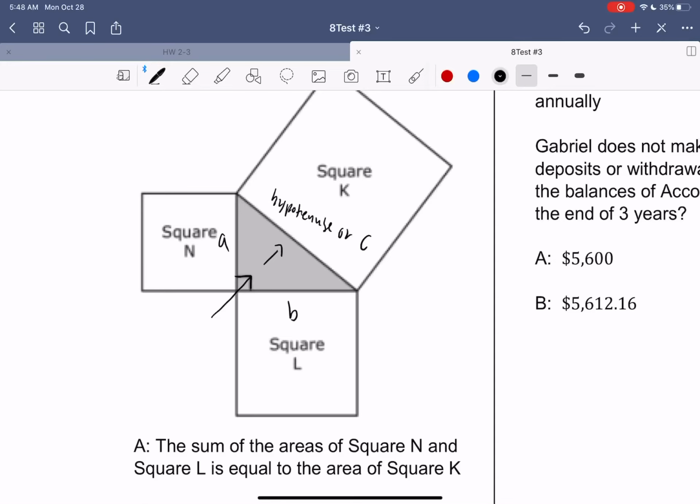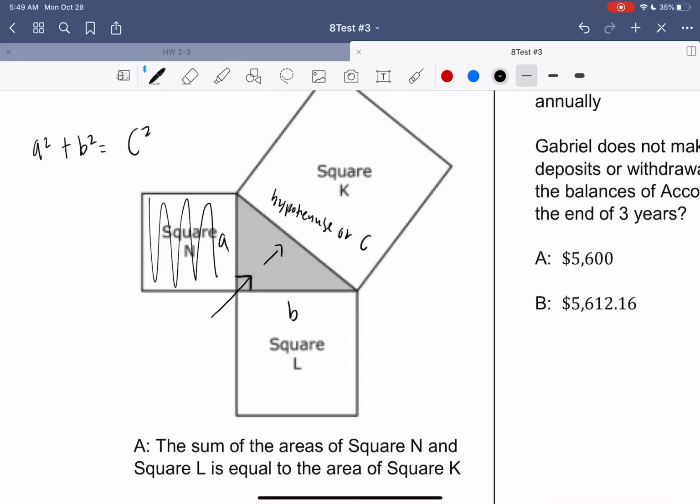So A squared plus B squared equals C squared.